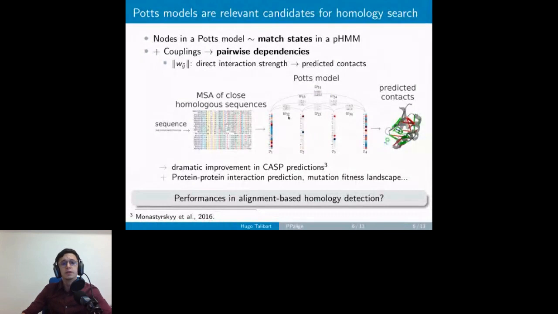We propose to look beyond just the coupling norm and to see Potts models as an extension of profiles where field vectors would be like match states. And there are also these pairwise distant dependencies that can be modeled with the couplings. And we are wondering what would be the performance of Potts models in alignment-based homology detection.